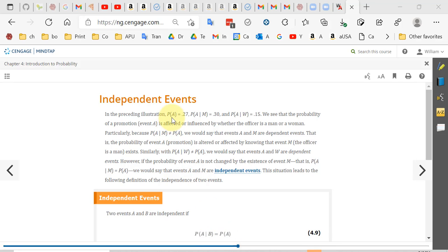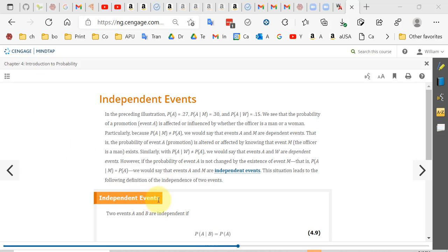We would say that being promoted is independent of whether you're a male or not. But that's not the case, because this is 0.27, but it jumps up to 0.30 if you're a male. So being a male affects whether you're going to be promoted. So male and promotion are not independent. And that's where this definition comes from.